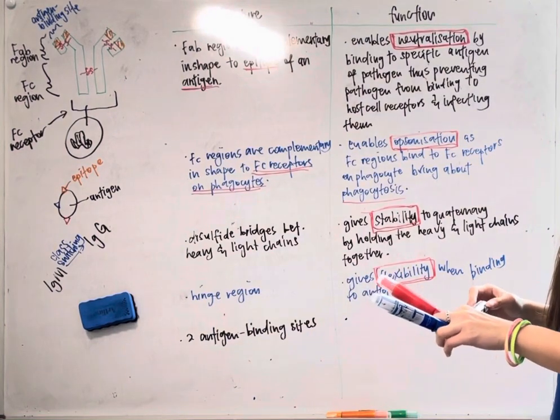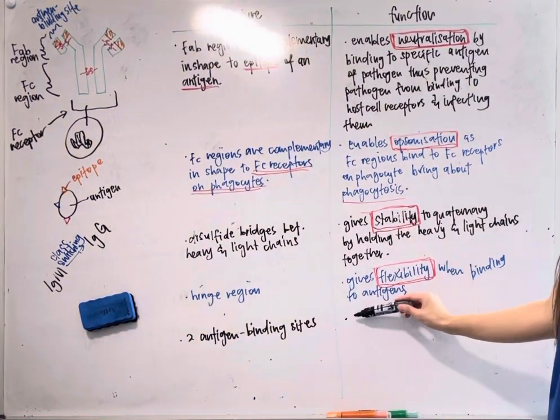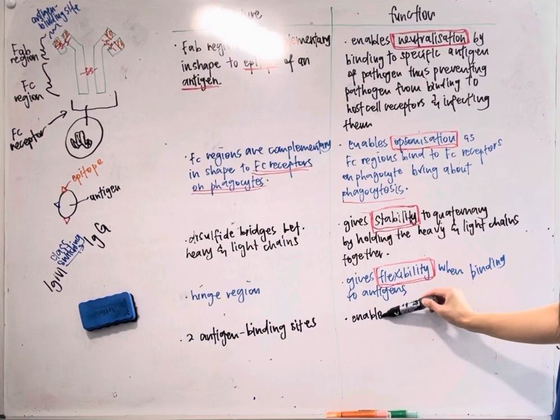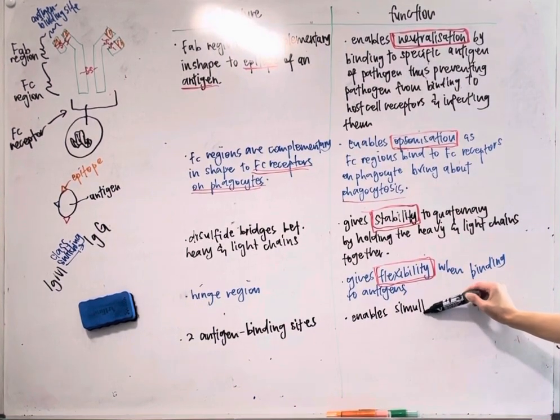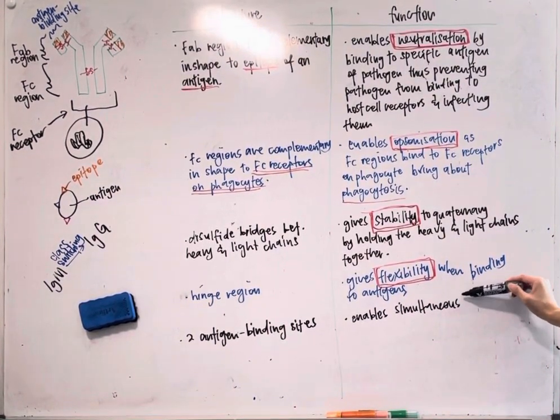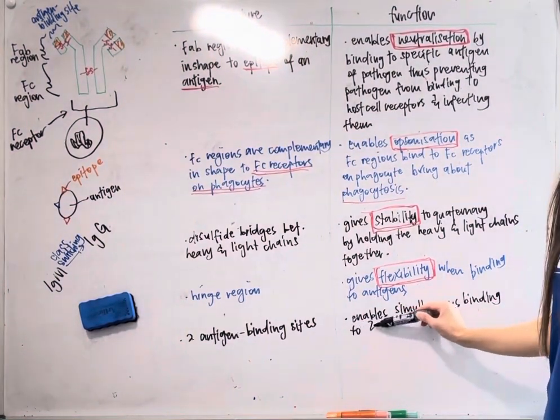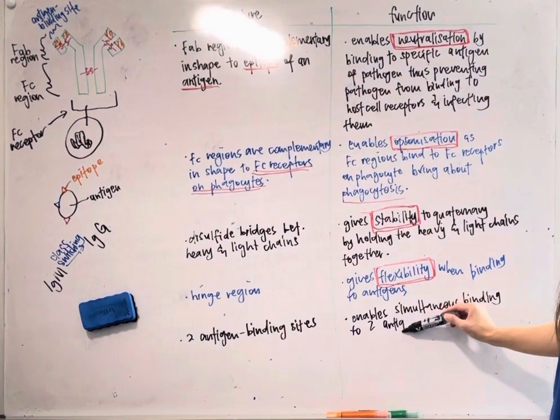Usually you have 2 because it enables simultaneous binding to 2 antigens or epitopes.